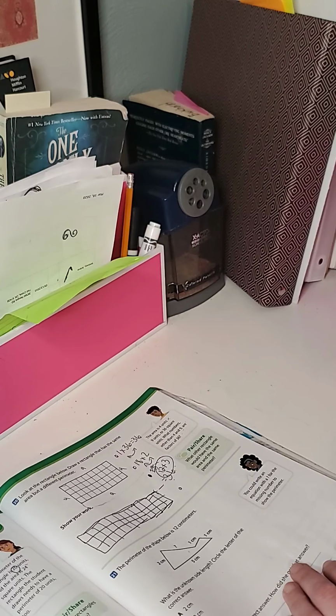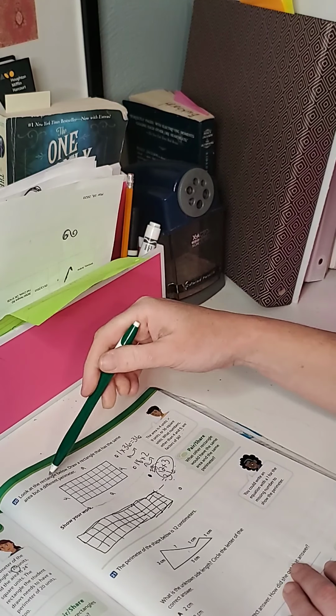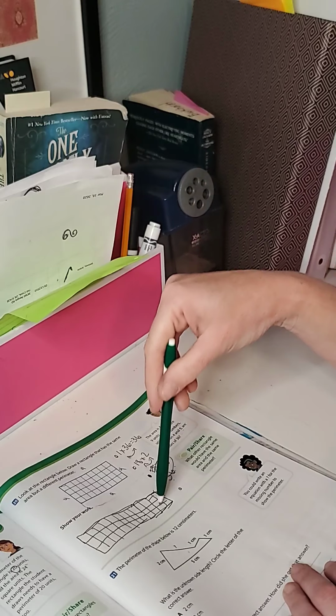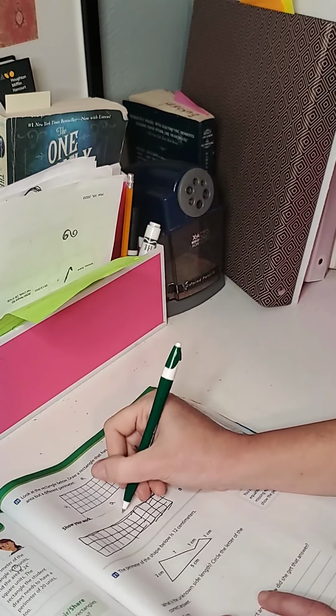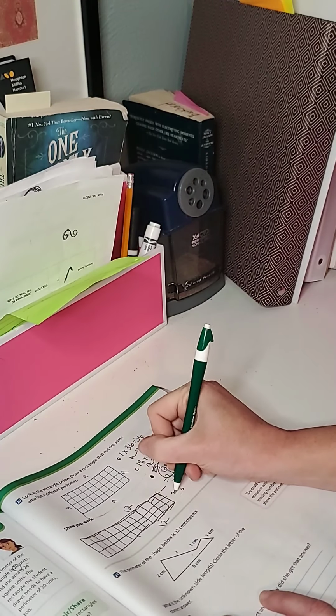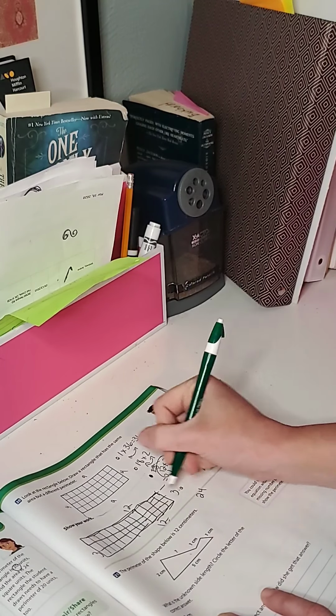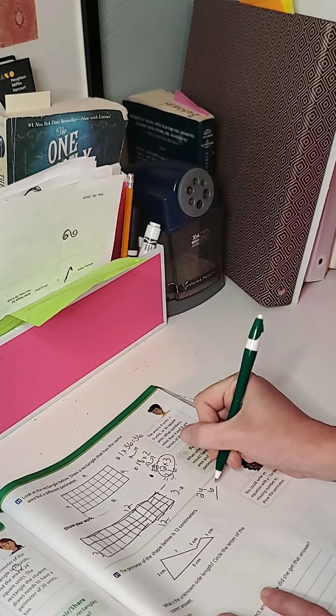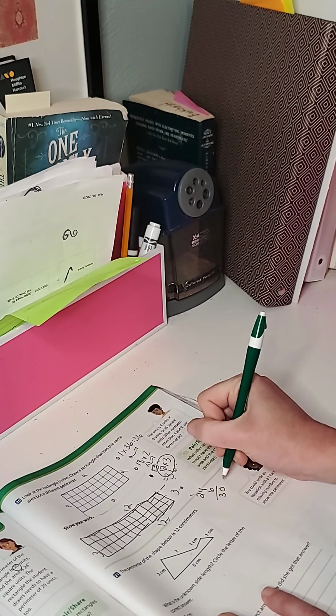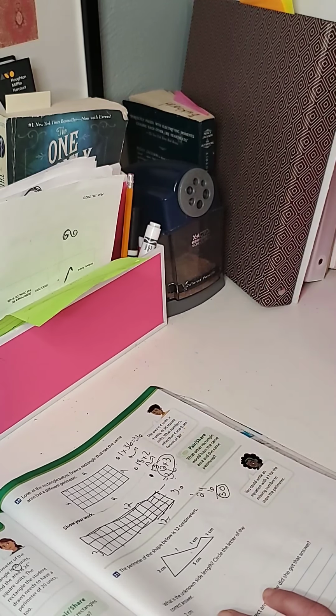It would have the same area, but different perimeter. 12, 12, 3, 3. 12 and 12 is 24. 3 and 3 is 6. I love tens. So 30 instead of 36.